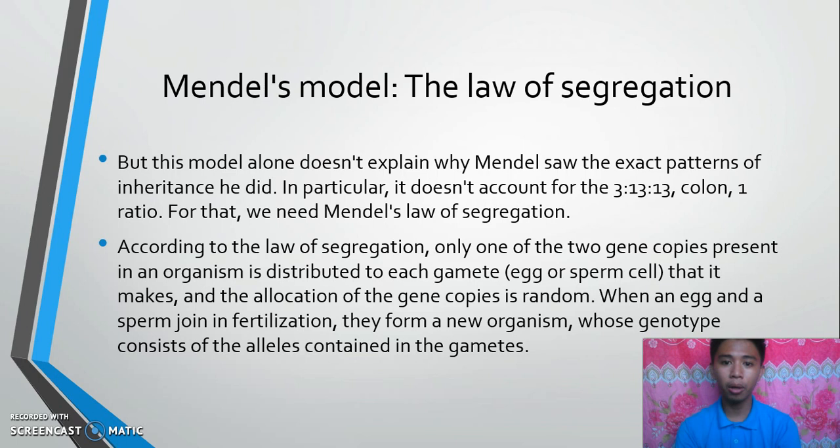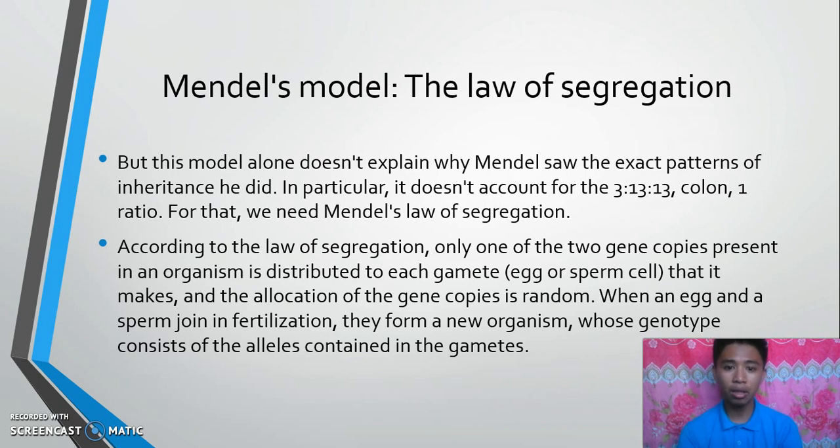Mendel's law of dominance models the cross, but this model alone doesn't explain why Mendel saw the exact patterns of inheritance that he did. In particular, it doesn't account for the 3:1 ratio.